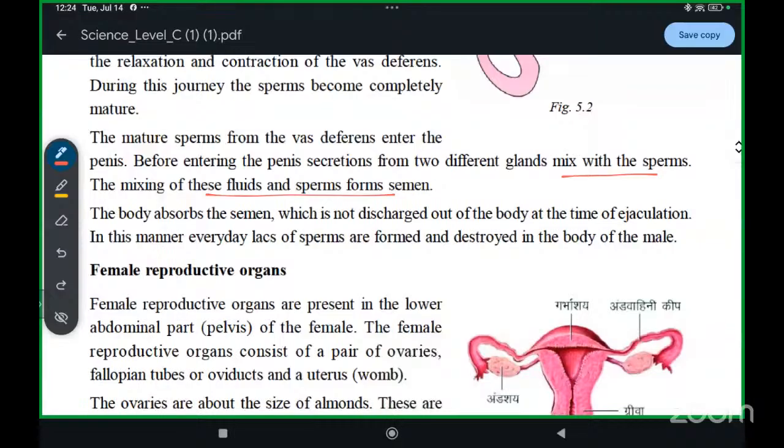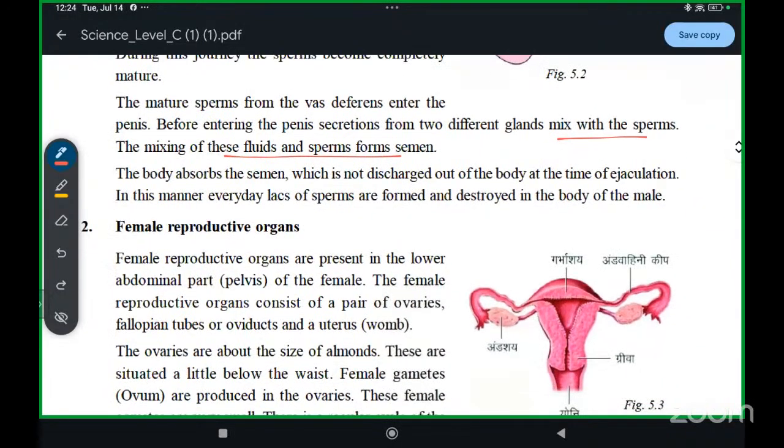Now, the body absorbs the semen which is not discharged out of the body at the time of ejaculation. In simple terms, ejaculation is when the semen is released out of the body of the man.